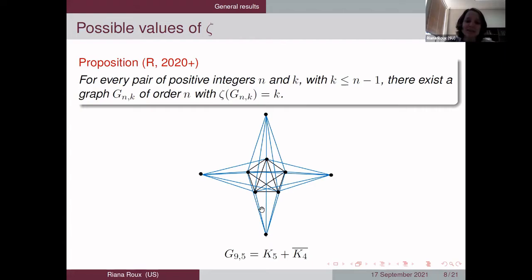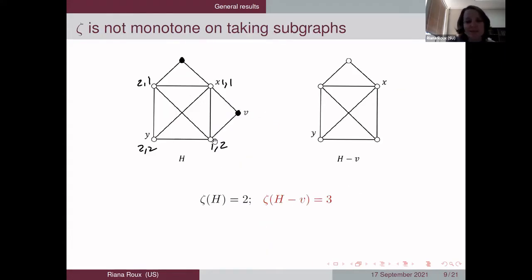Unfortunately, it's not the case for the localization number. Let's look at this example here. I call this first one the double house graph, a house with a weird roof to the side. You can see that in this graph, we have a complete graph of order 4, so all possible edges between these 4 vertices.